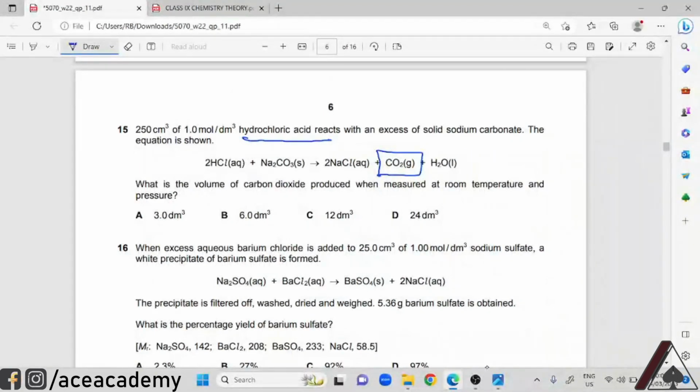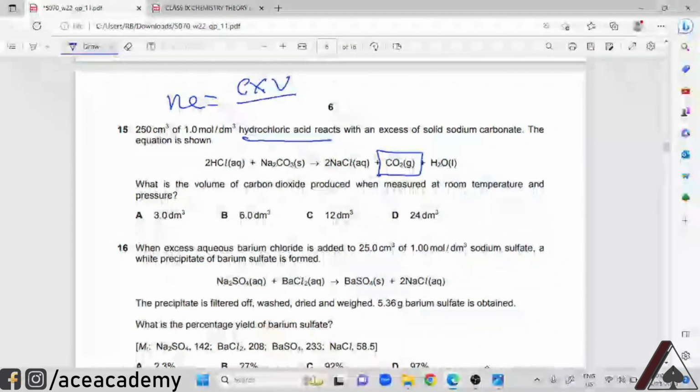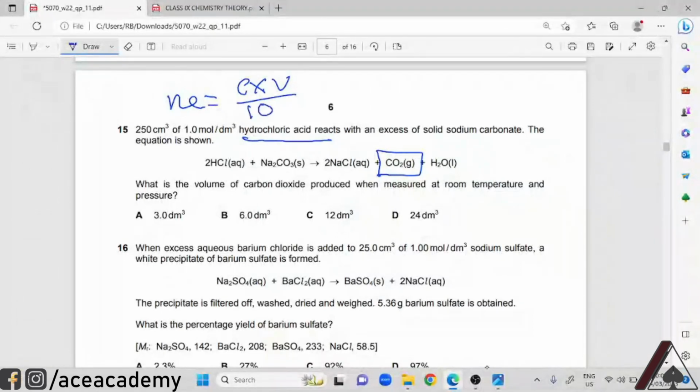limiting reagent over here, and we know that to calculate the amount of carbon dioxide we have to calculate its mole first. So in order to get the mole, we have to calculate the mole of hydrochloric acid first, which is limiting. So mole equals concentration into volume divided by 1000, because the volume is given in cm cube and not dm cube.